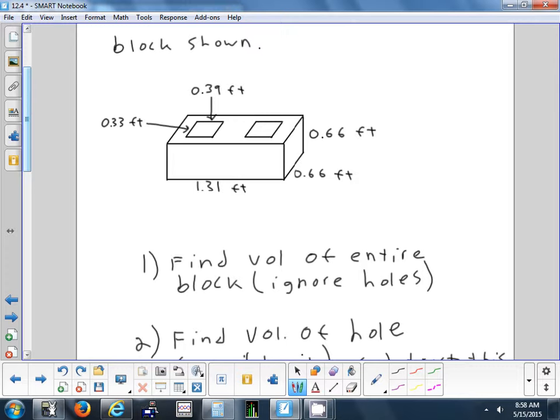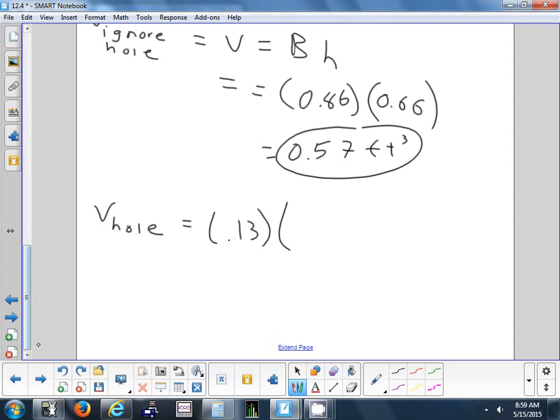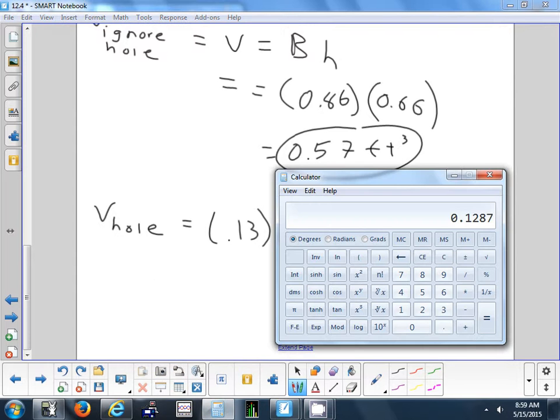What's the height of the hole? They didn't mark that again. 0.66. It's still 0.66. It's the height of the block. So we'll assume it goes all the way through, like a regular cinder block. All right, so 0.13 times 0.66. That's the volume of the hole.